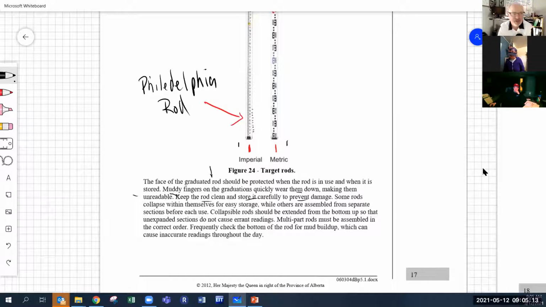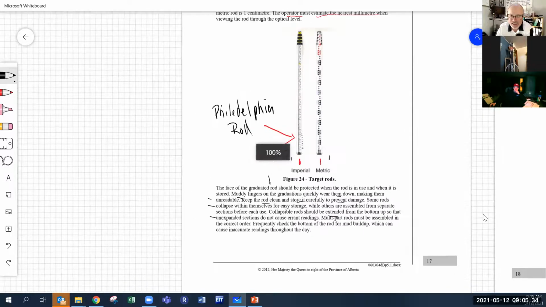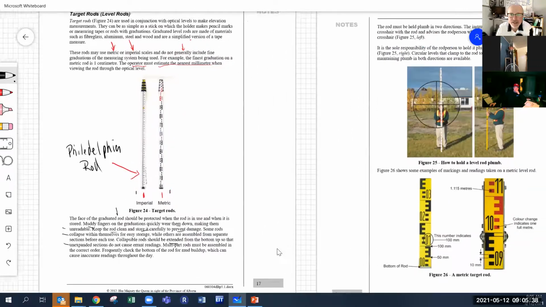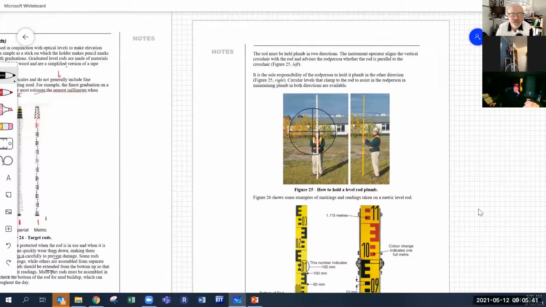It's like junior high school rules. Some rods collapse within themselves, meaning they are extended from the bottom up, so the unexpanded sections do not cause errant readings. Just take care of this equipment, especially our equipment here at SAIT. You don't want to be smashing it around.